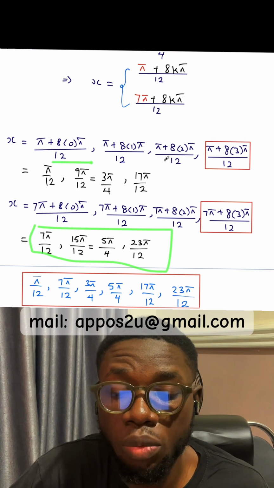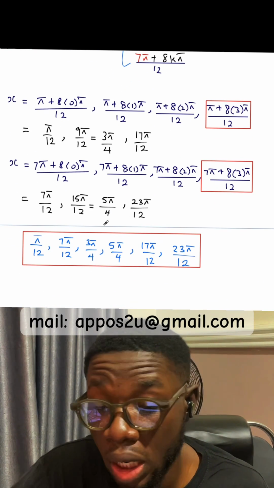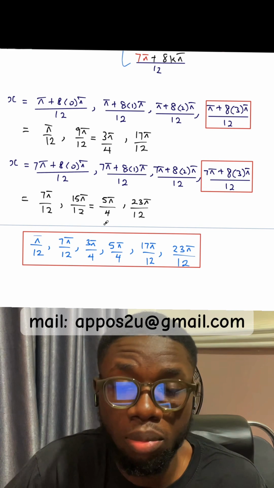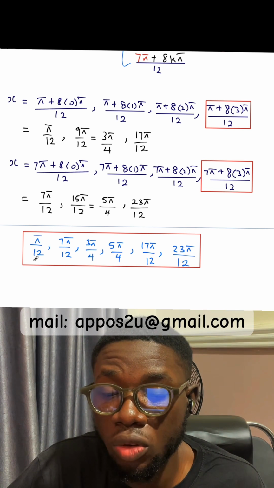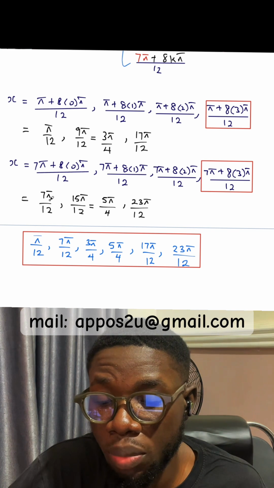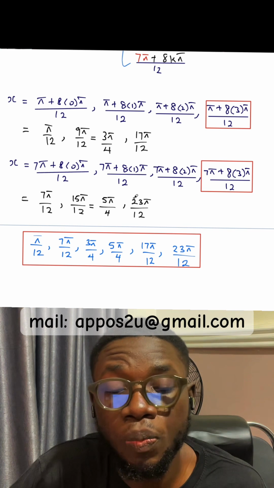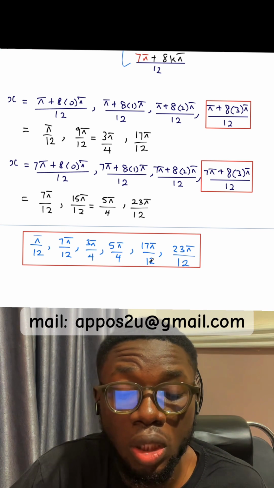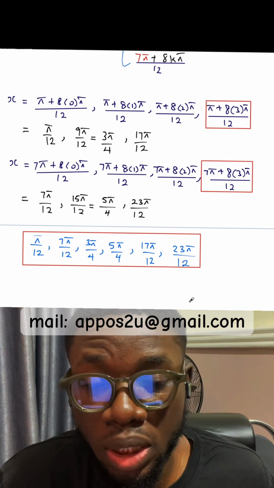We have this and we have this. Then you can list all of these in increasing order, or you can just list them as you like. It will still be correct. So we have pi over 12, followed by 7 pi over 12, 3 pi over 4, followed by 5 pi over 4, and we have 17 pi over 12, and then we have 23 pi over 12. And that's how you solve problems like this.